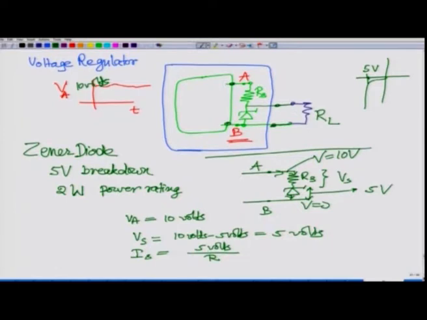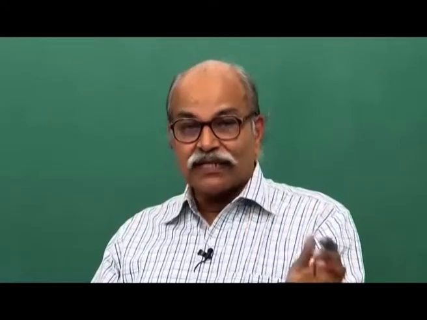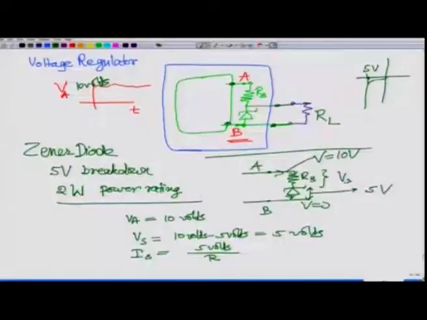So, if I say that my current should not exceed this much, let us say 2 watt is the power rating. So, how much can be the maximum current? Let us calculate that. If power is 2 watts and the voltage is 5 volt, I am talking of voltage across the Zener diode, this is all for Zener diode. I can calculate current from here.